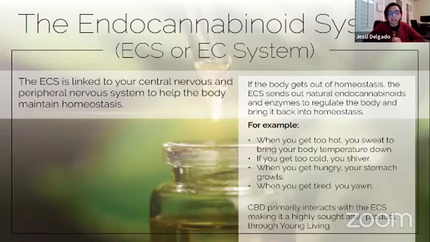And cannabinoid receptors are proteins that are expressed throughout the vertebrate central nervous system, including our brain, and peripheral nervous system. That's a lot of big words, right? I mean, oh my gosh. In layman's terms, or in simple terms, the ECS is linked to our central nervous and peripheral nervous system to help the body maintain homeostasis.